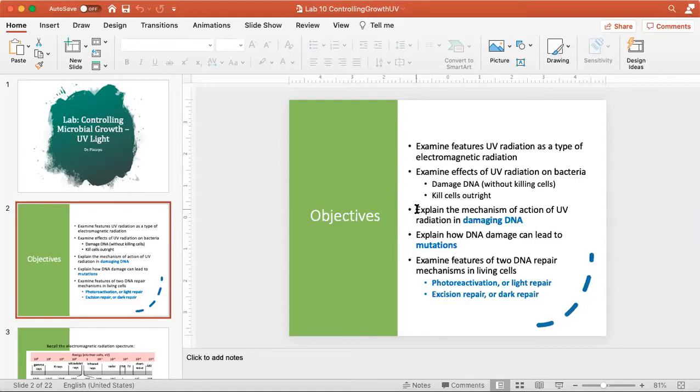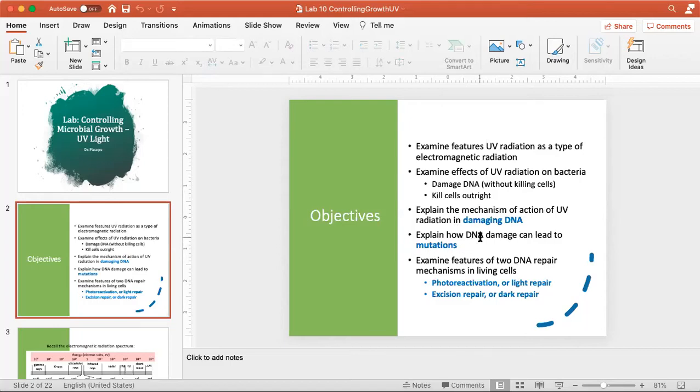So one of our objectives is to learn about the mechanism. How is it that ultraviolet radiation penetrates into a bacterial cell and damages the DNA molecule? Because that's the molecule that it specifically targets in bacteria. We'll talk about how sometimes damaged DNA can lead to mutations in the cell.